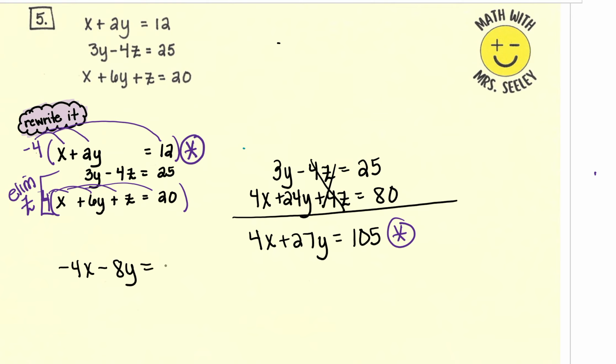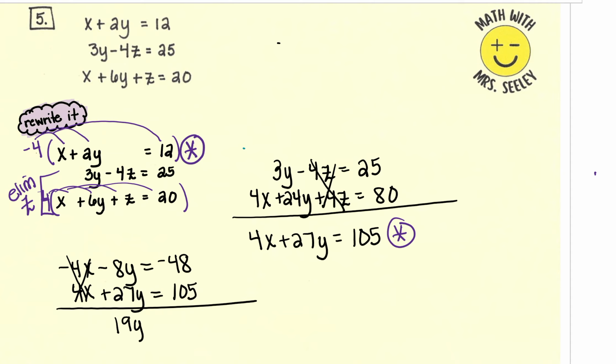And negative 4 times 12 is negative 48. This equation will be brought down as it is. The x's are going to eliminate, and that's going to be negative 8 plus 27 is 19y. Negative 48 and a positive 105 is 57. Divide by 19, and y is equal to 3.